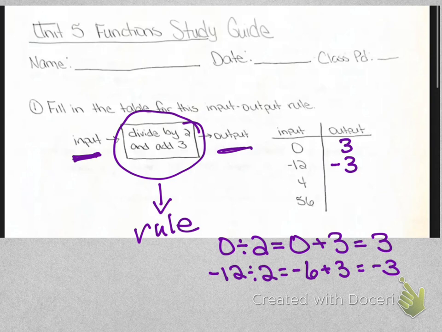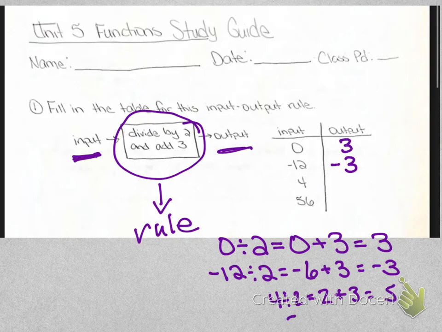Then we have 4. 4 divided by 2, which is 2. And then add 3, which is 5.